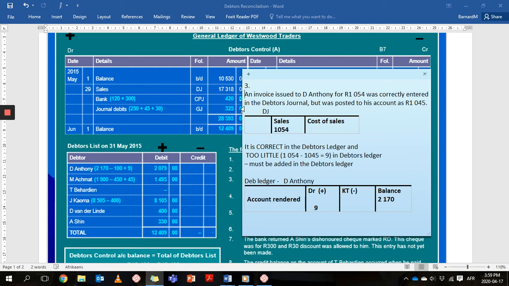But when it was posted to his account, it was posted as $1,045. That means in the ledger account of D. Anthony, we entered 9 rand too little. So we need to add 9 rand to his account. That's where you see that 9 rand comes from.